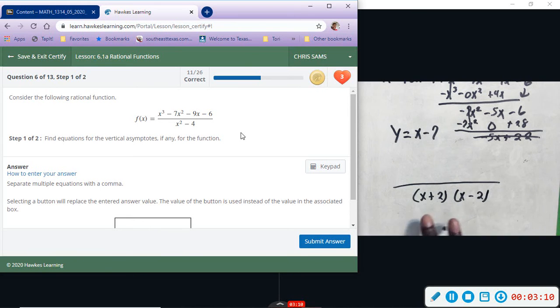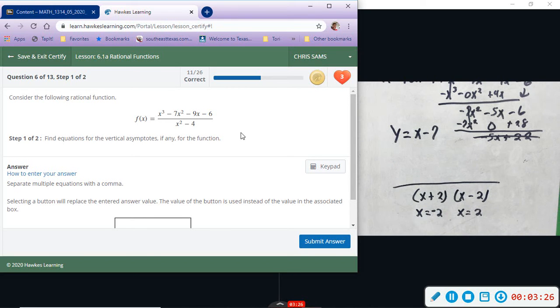Alright, setting these equal to 0 will give me 2 vertical asymptotes. X equals negative 2, x equals positive 2. Alright, so this is possible if nothing divides out.